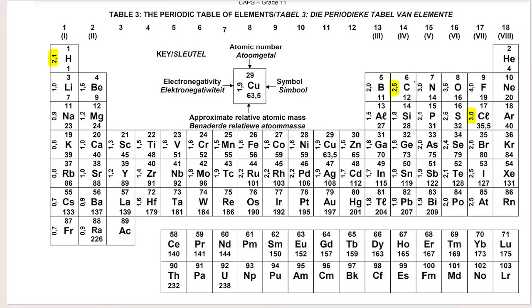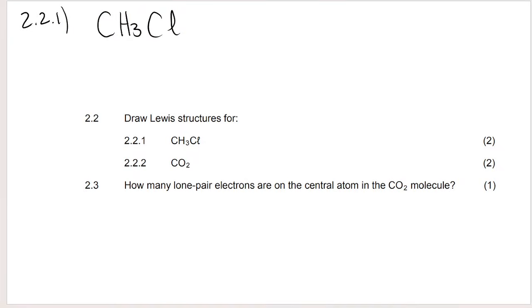That means that carbon is probably going to go in the middle of that molecule, and the carbon is going to be surrounded by the 3 hydrogens and the 1 chlorine. And this makes sense as well based on the number of valence electrons that these atoms are willing to share. Now remember, when we're drawing Lewis dot diagrams, if you need a recap on this, then I would go and check out my video on Lewis dot diagrams for covalent bonding.